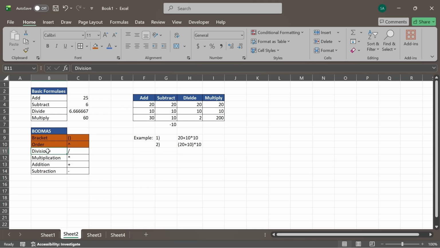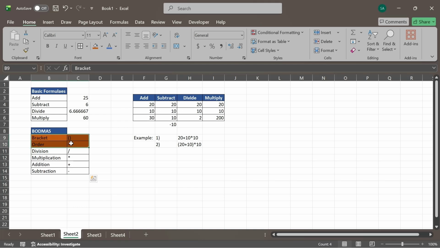So first preference will be division, second preference is multiplication, third preference is addition, and fourth operation is subtraction. This is the order of preference.